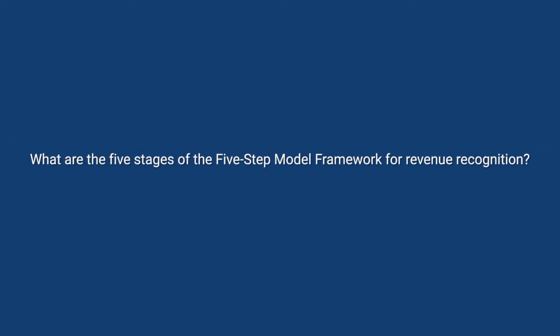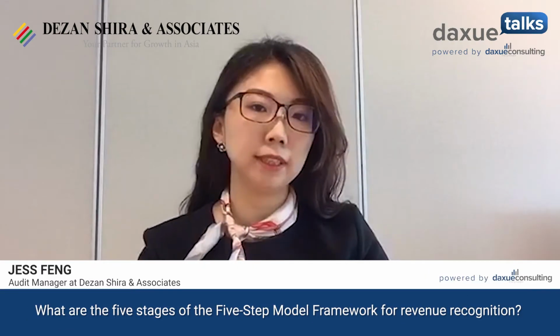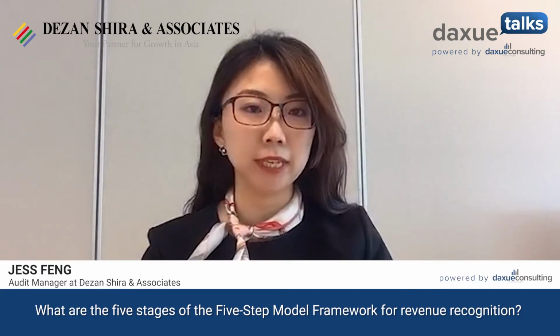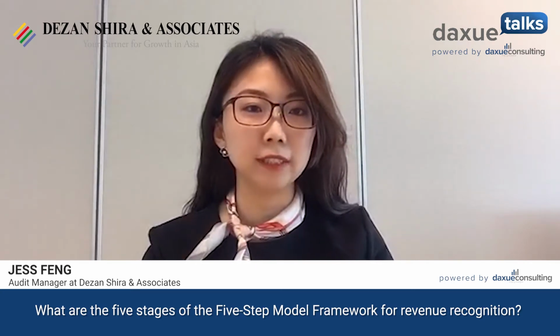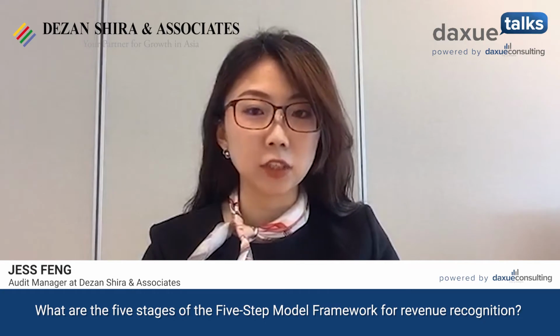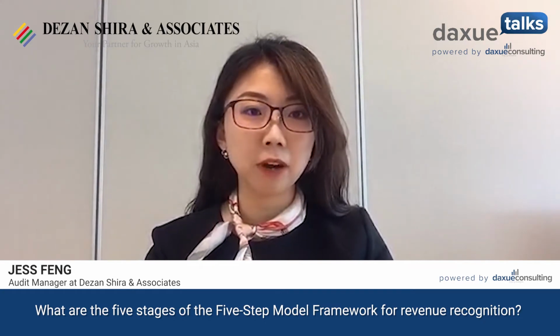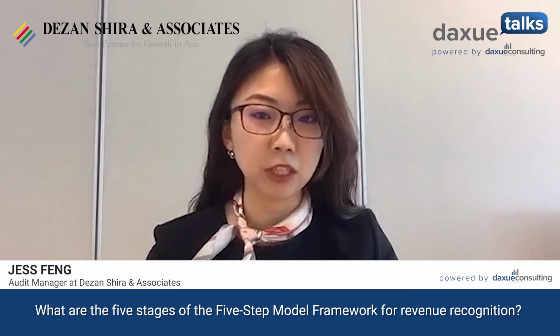What are the 5 stages of the 5-step model framework for revenue recognition? The new Chinese accounting standard, CAS 14, is very similar to the international accounting standards, IFRS 15 and ASC 606 from the US GAAP. So they all adopt this 5-step model framework for revenue recognition and measurement.